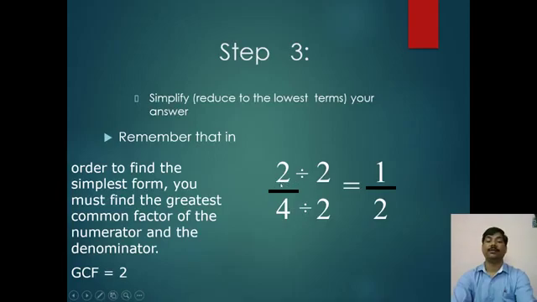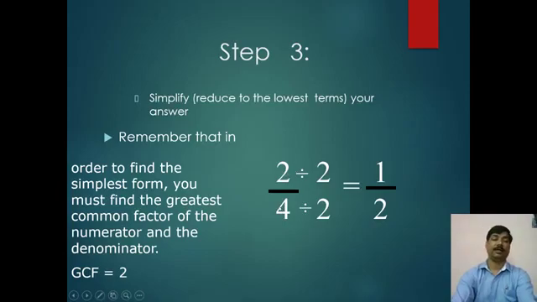Here we will divide 2 by 2 getting 1, and 4 divided by 2 getting 2. So 1 upon 2 is the result of the problem. 1 upon 2 is in the simplest form, so this is the answer, a simplified form of 2 upon 4.